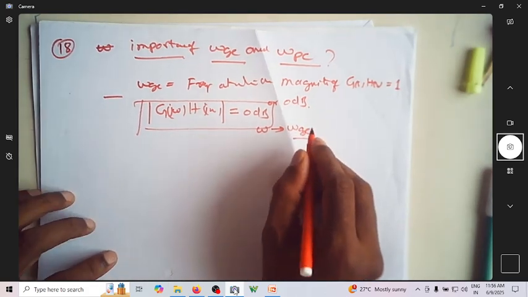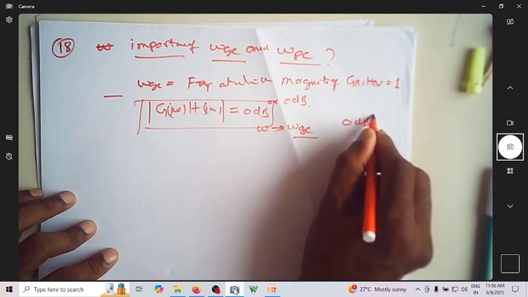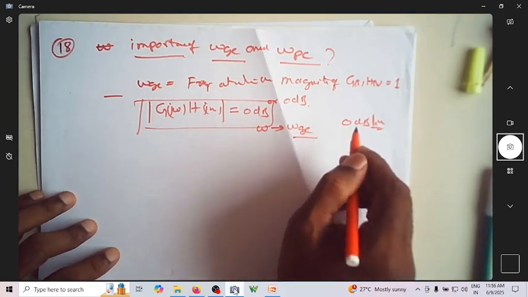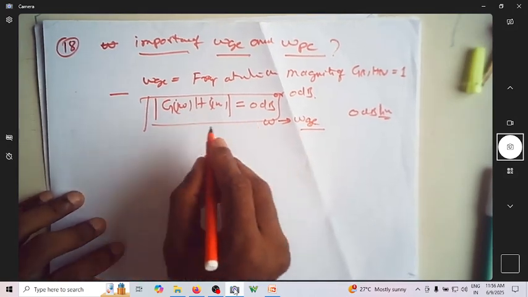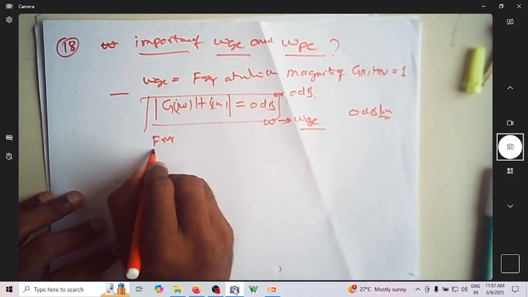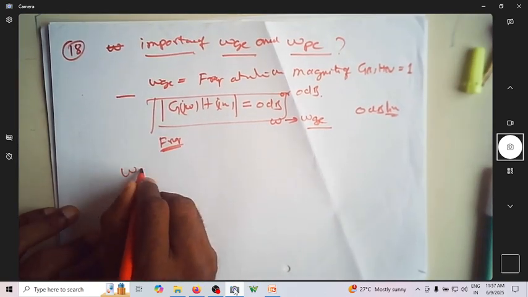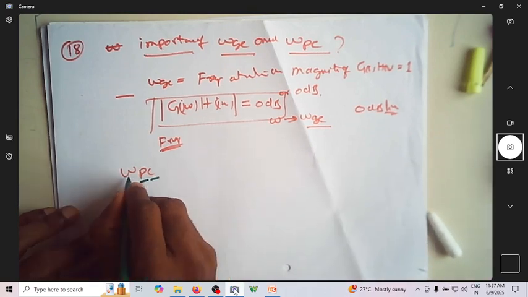Gain crossover frequency, where the gain crosses the 0 dB line, or where the gain is 0 dB, is called omega GC. It is the frequency at which this is solved. Next is omega PC, the phase crossover frequency.